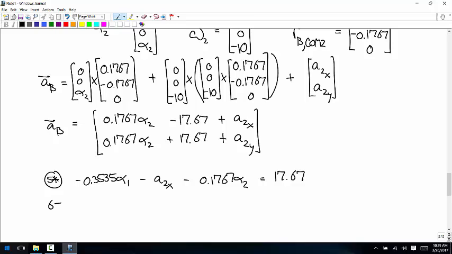And 6 star says positive 0.3535 alpha 1 minus A2y minus 0.1767 alpha 2 is equal to negative 17.67.